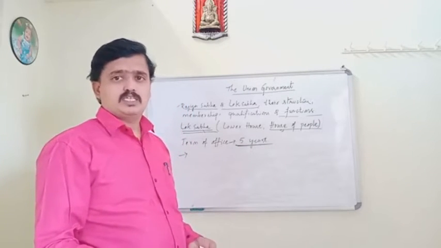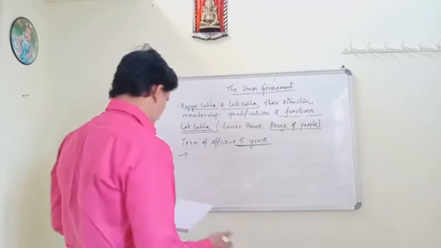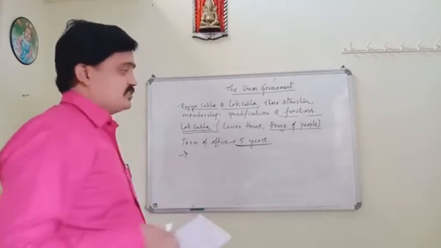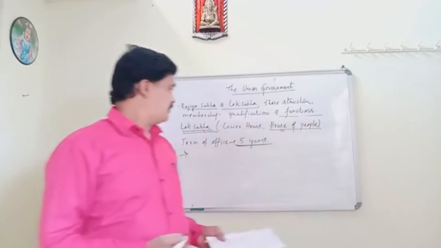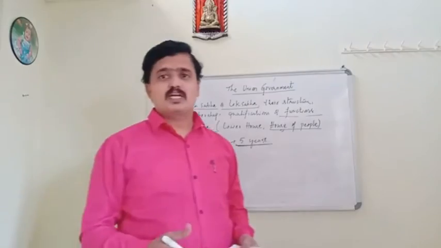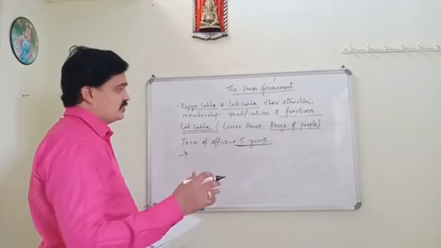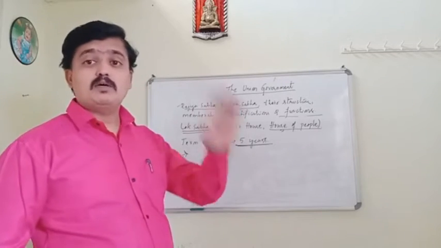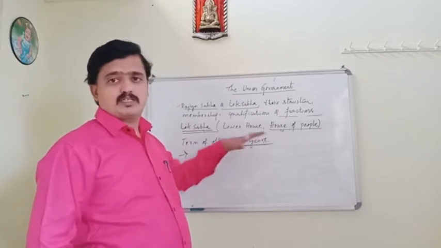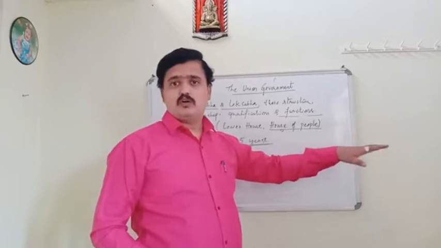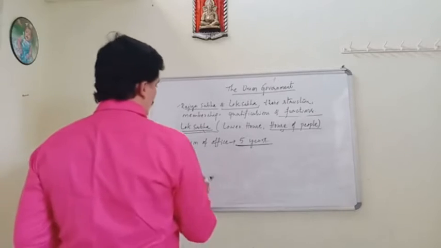But during the emergency period, the term may be extended for 1 year. During the emergencies, the term of the Lok Sabha can be extended for 1 year. So this is about the term of office of the Lok Sabha.